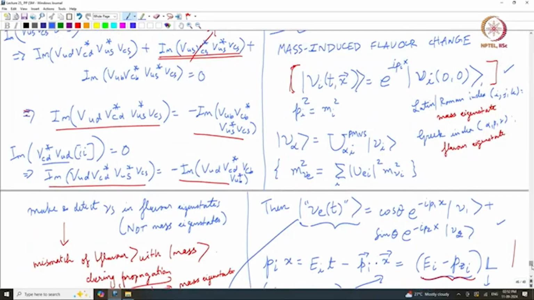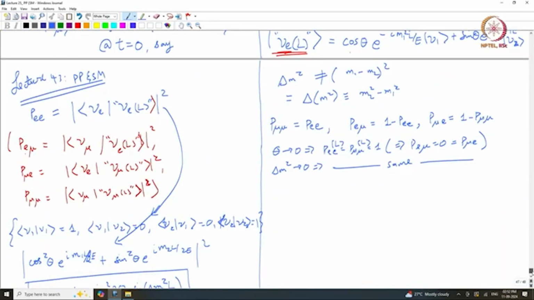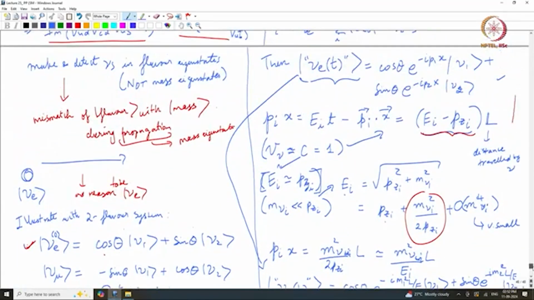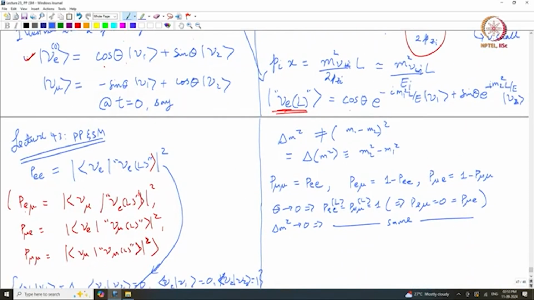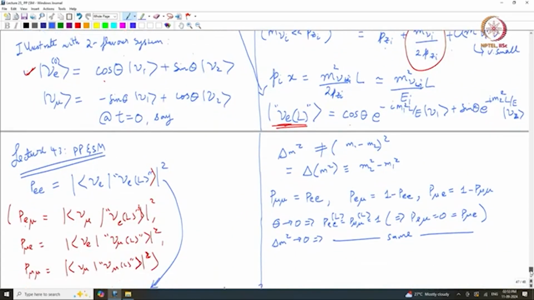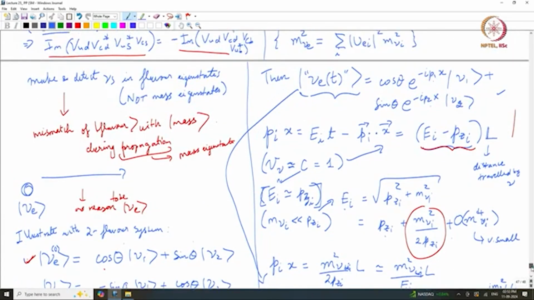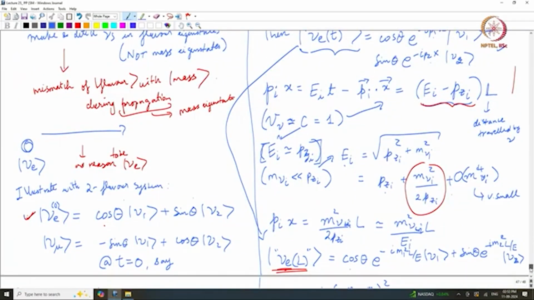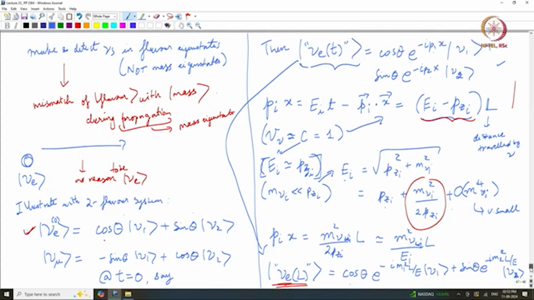ultimately if the masses are the same, if m2 square is equal to m1 square, then there is no differential evolution between the two eigenstates, right? Even if you start with this mixture, even if the electron neutrino is a mixture of nu1 and nu2, nu1 and nu2 are propagating at exactly the same rate. So if they evolve at the same rate, the cos theta sin theta admixture is preserved during propagation, correct?